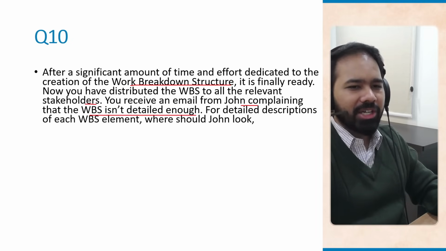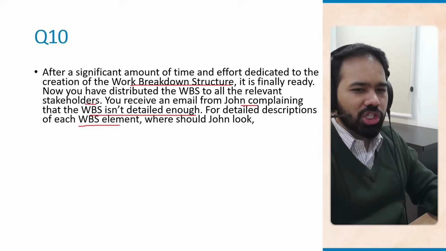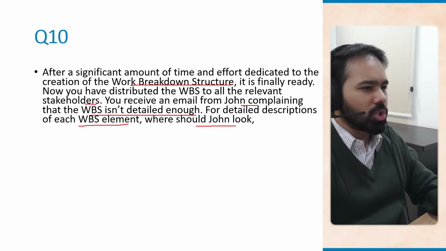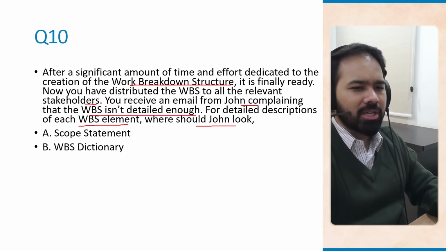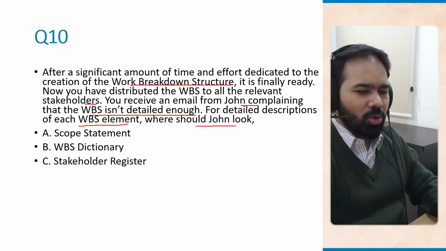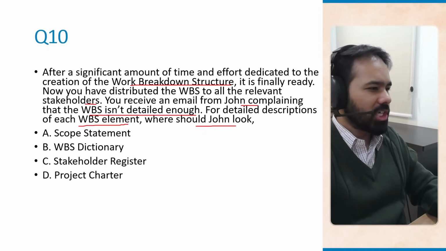For detailed descriptions of each WBS element, where should John look? So John just looked at the WBS and seems to think that it is not detailed enough. So should he look into the scope statement, WBS dictionary, stakeholder register, or the project charter?